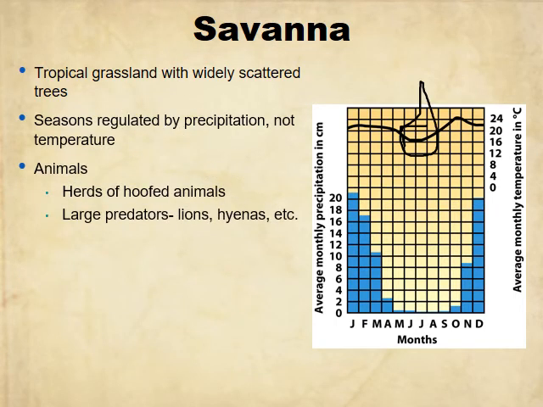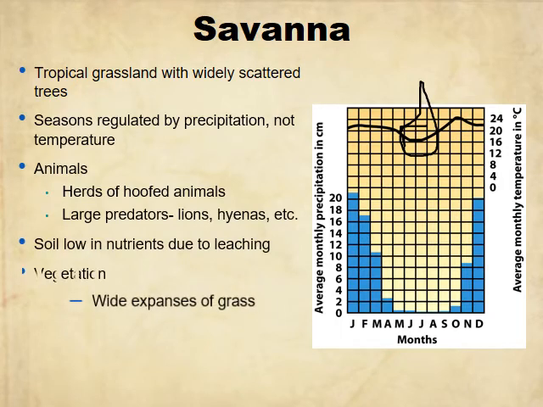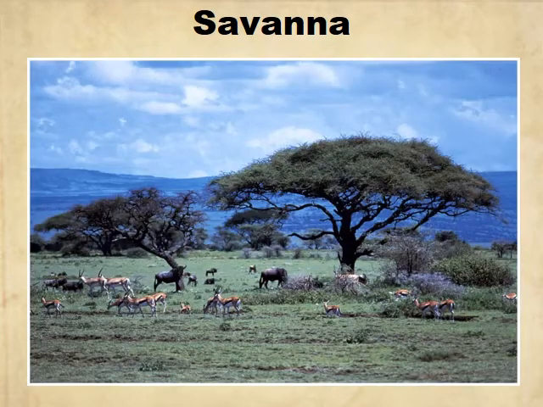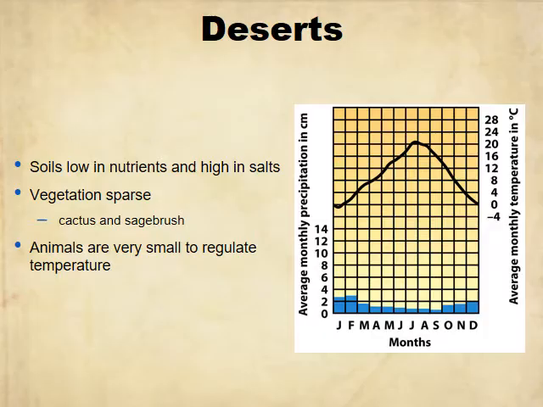Okay, you can see that also coincides with a very dry season. This is your typical Lion King area. The soil is low in nutrients due to leaching. You have hoofed animals, lions, hyenas, wide expanses of grass, occasional trees. Okay, just like this.